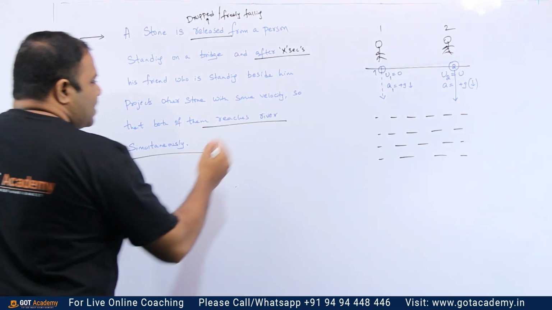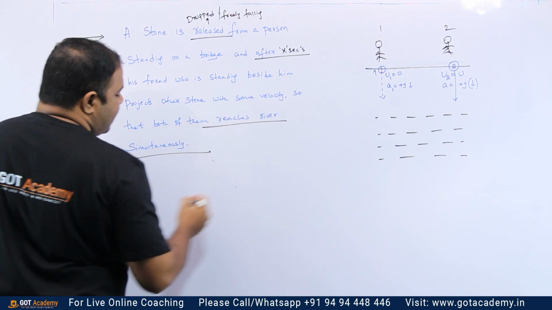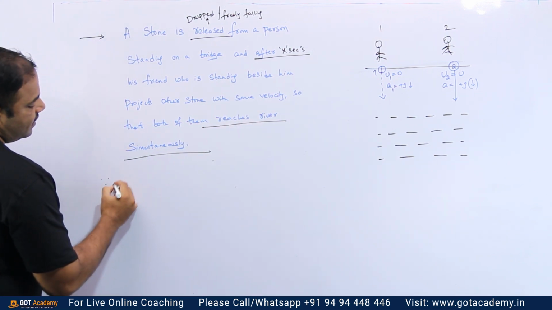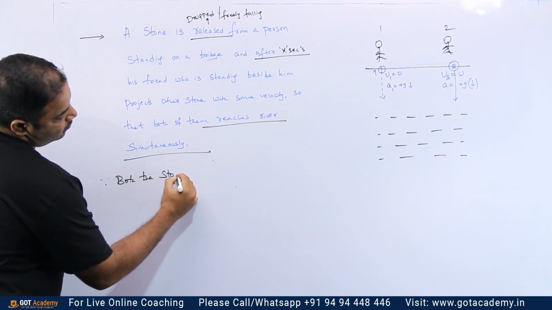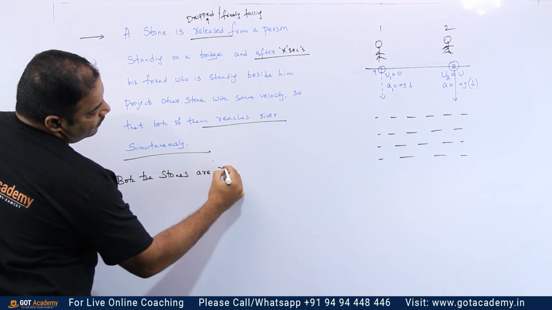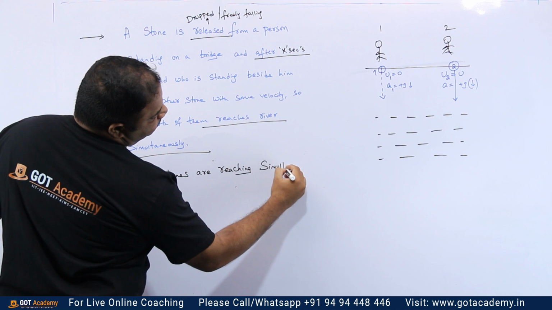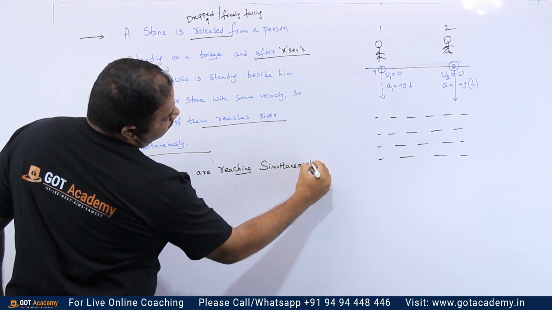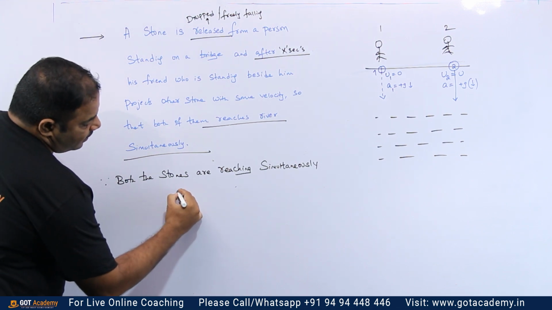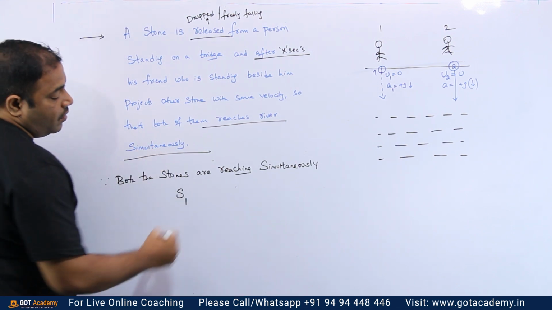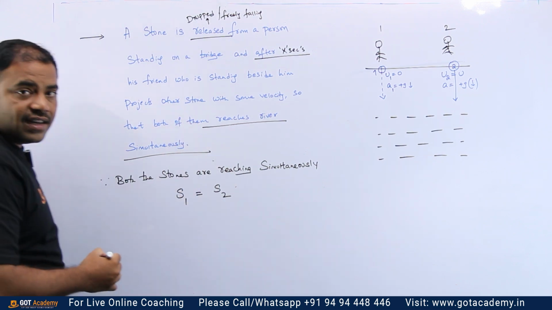Now, since both stones are reaching simultaneously, the distance travelled by the first stone must be equal to the distance travelled by the second stone.